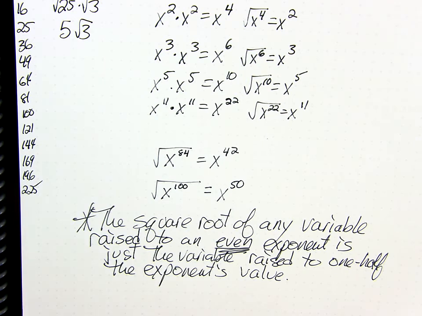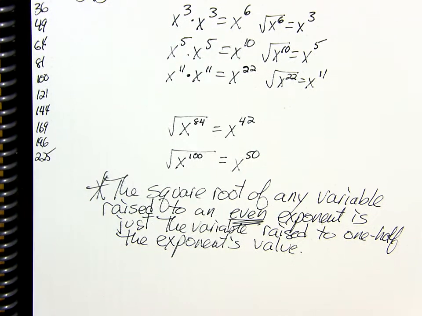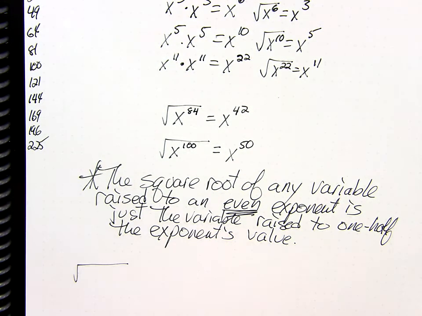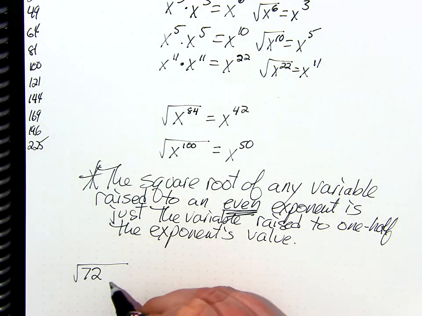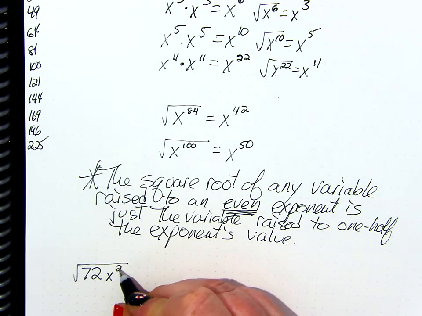So let's try and put this all together, because we're not going to have just numbers and just variables. We're going to mix them. So say we looked at simplifying the square root of, I don't know, how about 72x to the 20th.